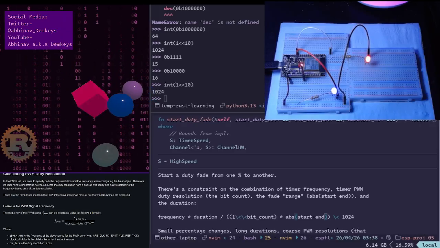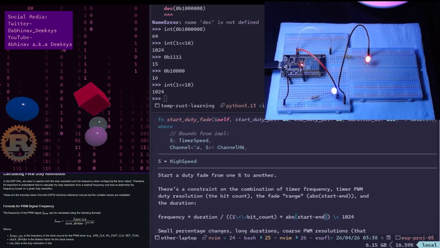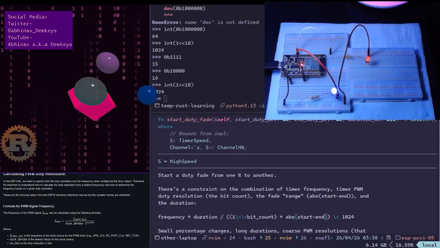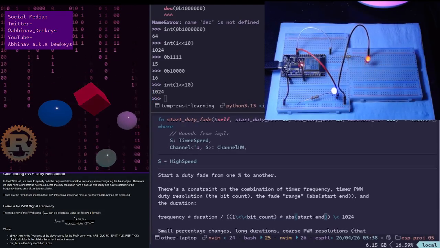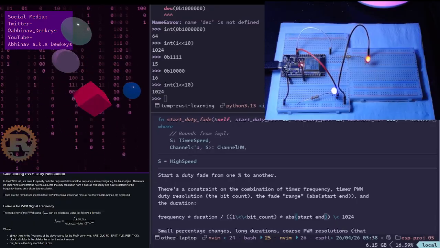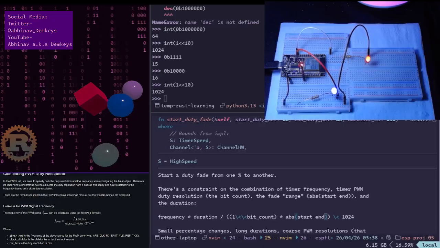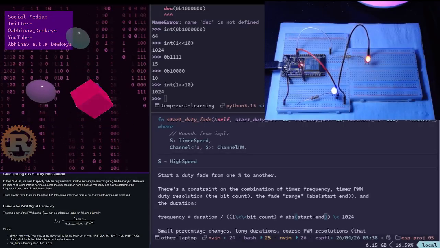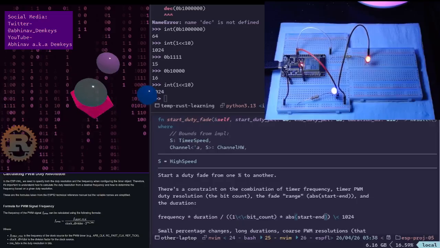The only way we're going to get that is by evaluating the less than symbol last. Now, what this is saying is that whatever value we get, it has to be less than 1024. Otherwise, it's not going to work.